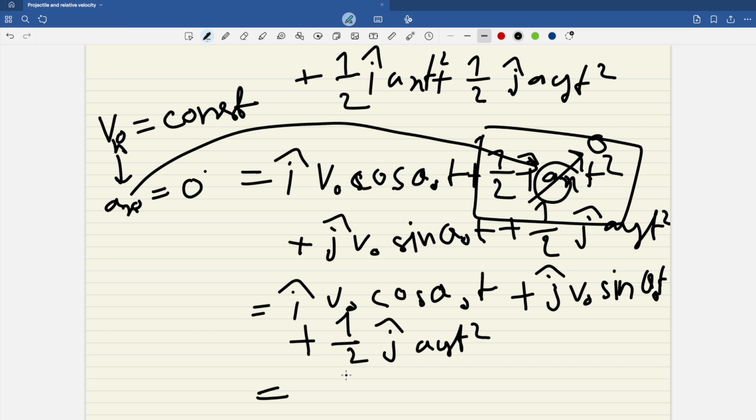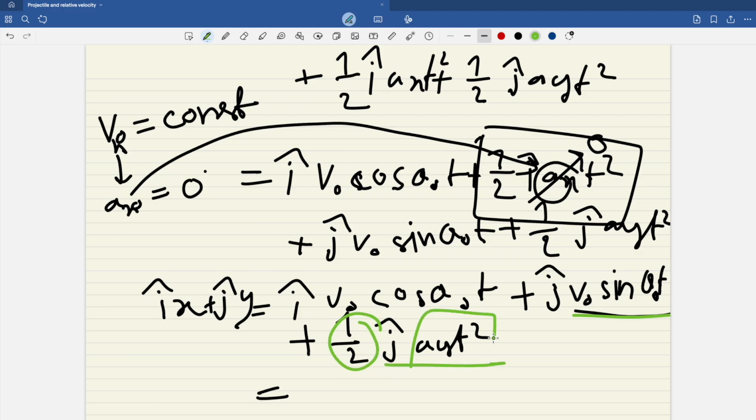Now it is equal to ix plus jy, right? So the coefficients of j are v naught sine theta naught t here, and this half and this ay t square, right?